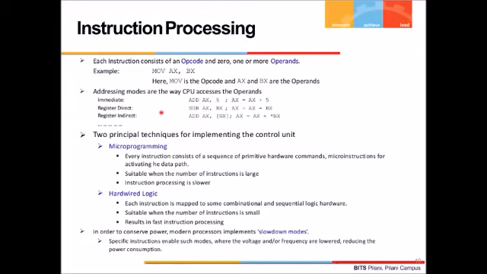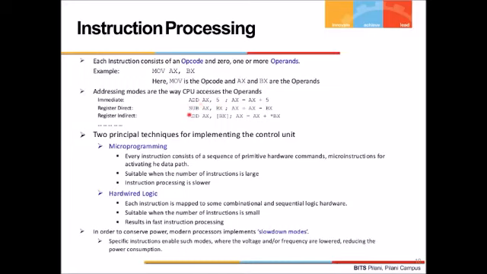For example, ADD AX, 5. This means AX equals AX plus 5. AX is a register, by the way, an x86 register. This is called immediate addressing mode, where directly we are taking a constant, that is a number, and using that in this instruction.